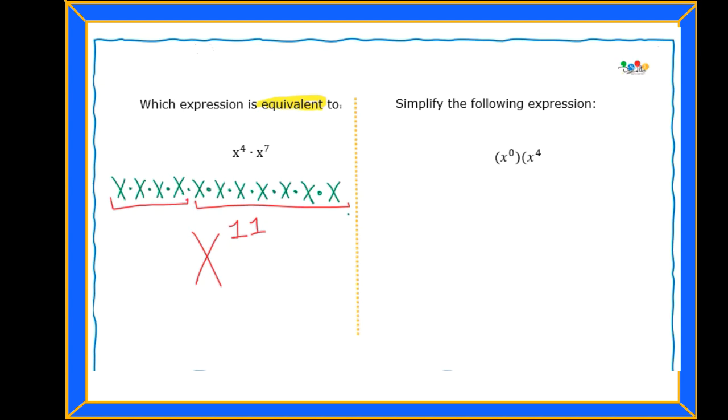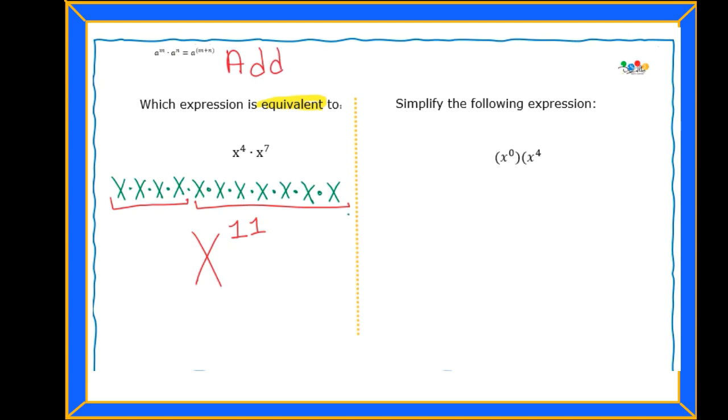There is a rule that I want you to remember to use, and I'm hiding it somewhere over here. Let me see if I find it. Yeah, it's right there. My rule says if I raise the same bases to 2 different powers and I'm multiplying, I'm finding the product, I need to add the exponents.